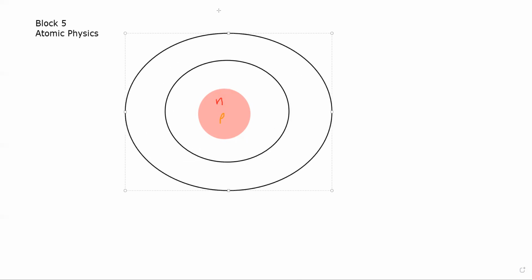The region where these electrons are revolving, that space, is known as an orbit or shell. So the central part, the core of the atom, is known as the nucleus. Around the nucleus, the region where the electrons are revolving, we call that an orbit or shell.